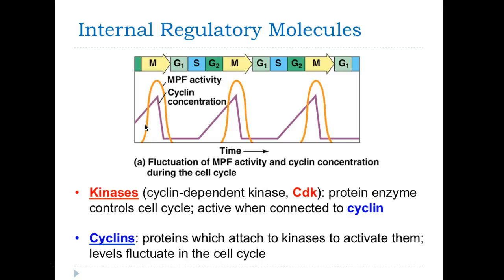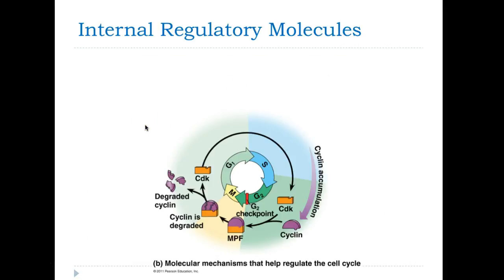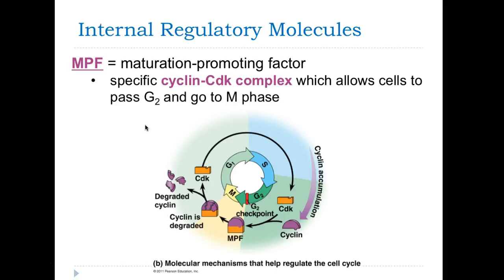Cyclins themselves are proteins which are going to attach to kinases to activate them, and their levels fluctuate in the cell cycle, which you could see there in the diagram. So looking at those regulatory molecules, internally, MPF is that maturation promoting factor. That maturation promoting factor is going to be specific cyclin-CDK complexes, which allow the cells to pass G2 and go into the M phase.